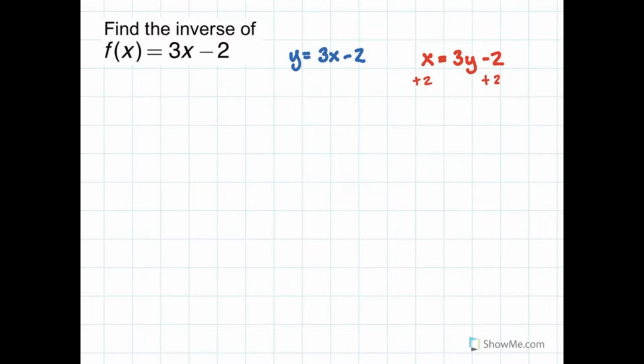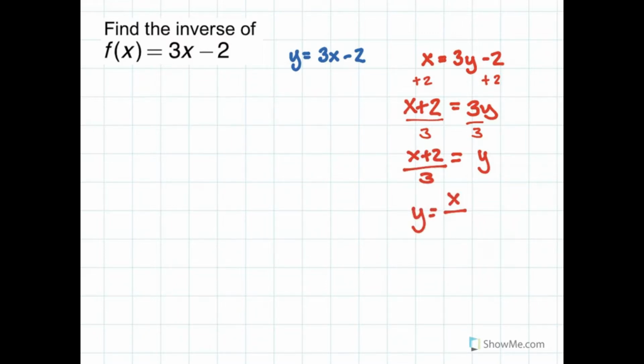That gives me x plus 2 equals 3y, and then I'll divide by 3 and have y equal x plus 2 divided by 3, or we could also write y equals x over 3 plus 2 over 3. That is f inverse, and it's written in terms of x, so we have f inverse of x is x over 3 plus 2/3.